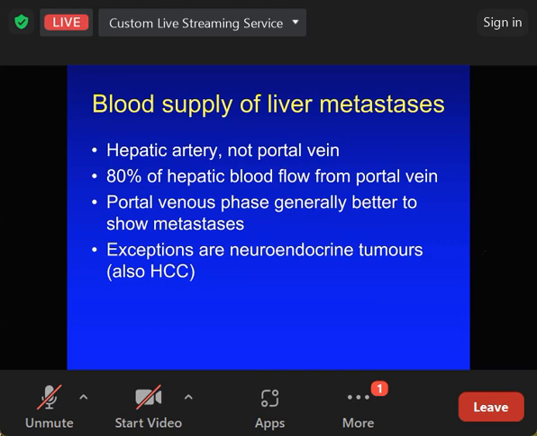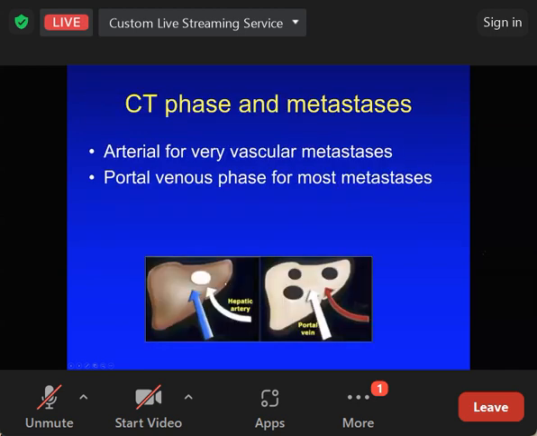And therefore, most metastases will be shown as almost like a negative image because they will be relatively dark compared to the enhancing liver tissue. This doesn't follow with certain metastases such as neuroendocrine tumors, which are so vascular from the hepatic artery that they will actually hyper-enhance on the arterial phase. And HCC is a special case, which we'll see in a minute.